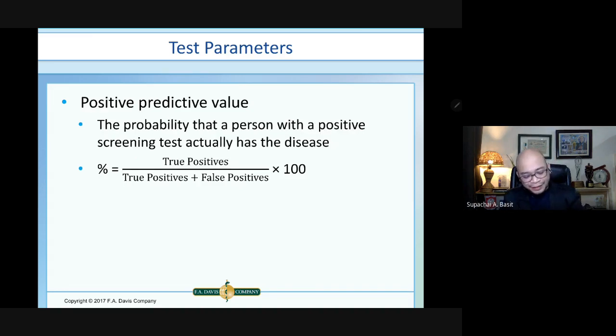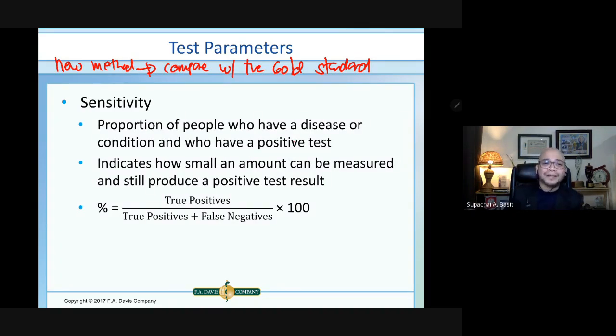What do we mean? So let's talk about them one by one. So when we say sensitivity, it is the proportion of people who have a disease or condition, and who have a positive test. Meaning to say, if I have COVID-19, whatever test kit that I'm using should be able to yield a positive result.